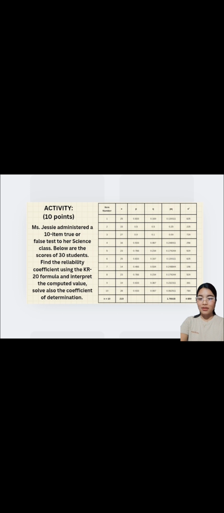So this is the activity. This is 10 points. Miss Jessie administered a 10-item true or false test to her science class. Below are the scores of 30 students. Find the reliability coefficient using the KR20 formula and interpret the computed value. Solve also the coefficient of determination.